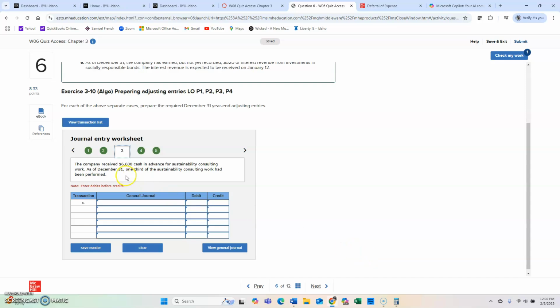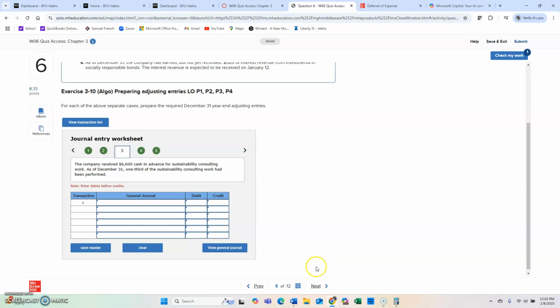Our beginning balance is $6,600, and that's going to be from unearned revenue, because that is money that we have received, but we haven't done the work for it yet. Our balance is going to be the 2/3 because we've used 1/3. So our balance of the unearned revenue is going to be that 2/3.